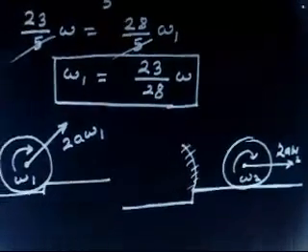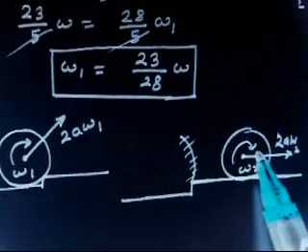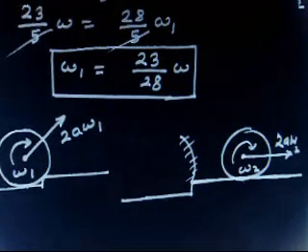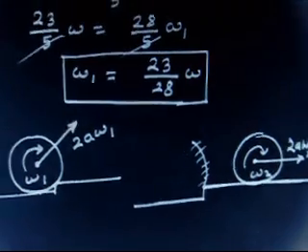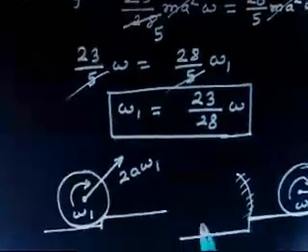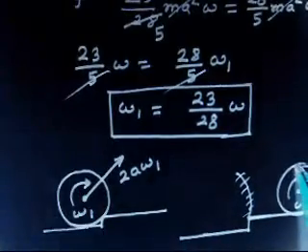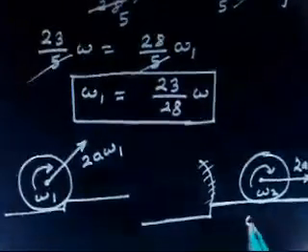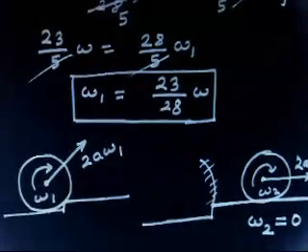If I want it to just reach the surface, it will have no kinetic energy, so omega 2 will be 0. The question asks for the minimum value of omega so that it just surmounts this step. When it just reaches here, it has no kinetic energy, so omega 2 is 0. That is enough condition. Are you getting or not?